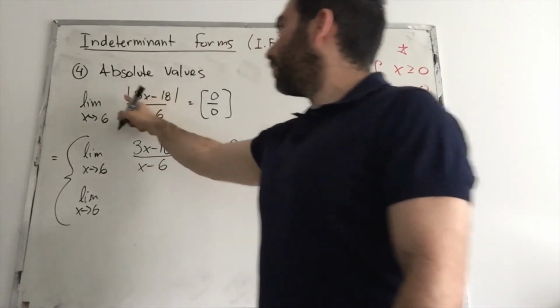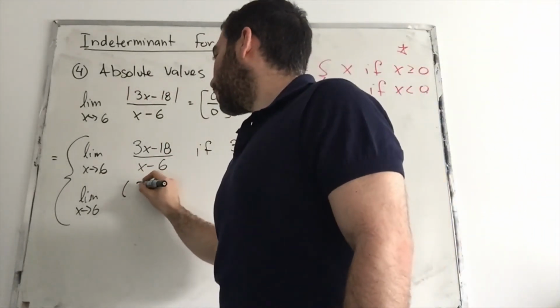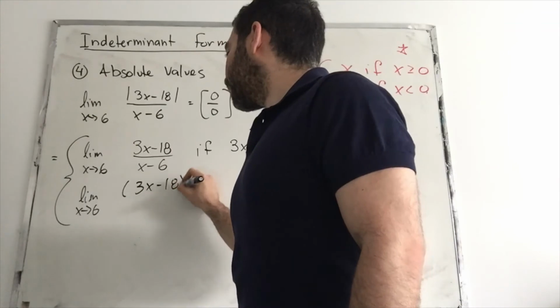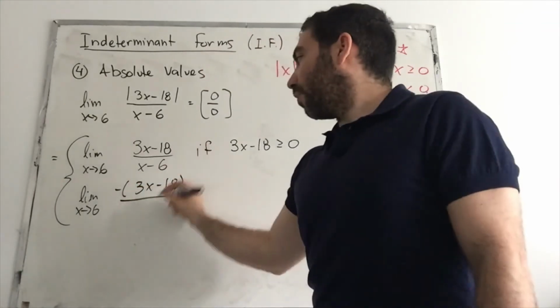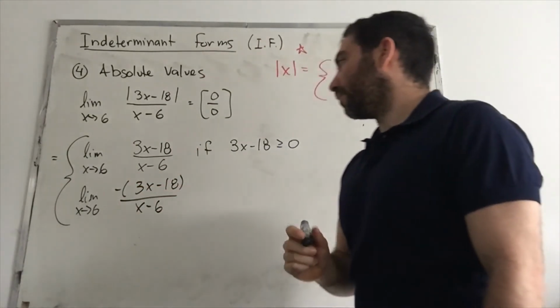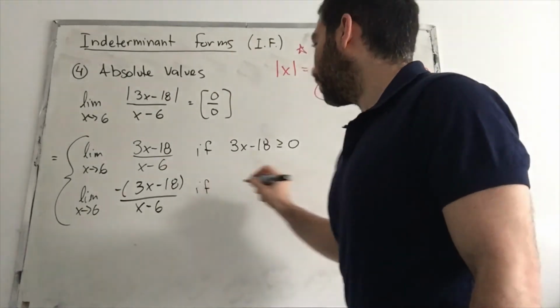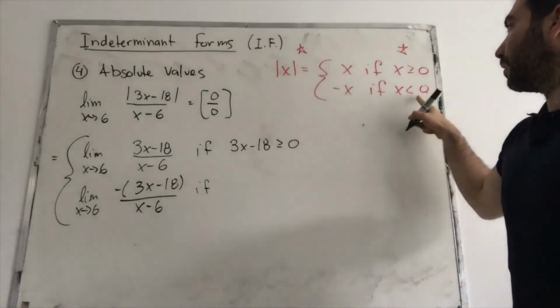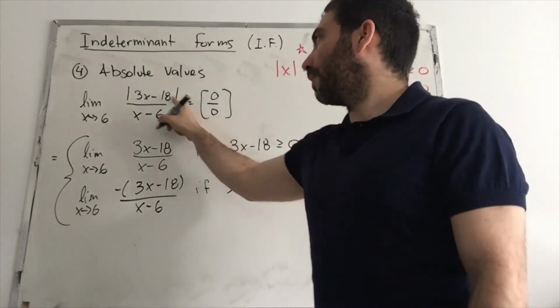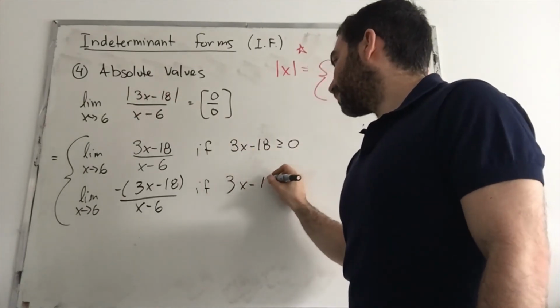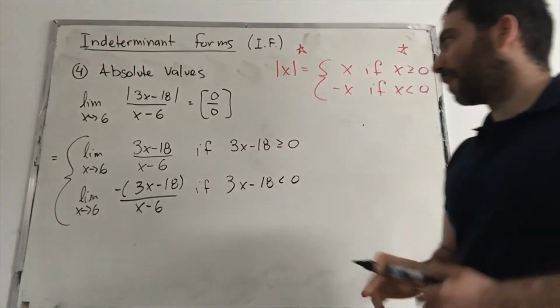And we're going to remove the absolute values and we're going to put negatives in front. So 3x minus 18, put a negative in front over the x minus 6. And we're going to use it if whatever is in absolute value is less than 0. So what's in the absolute value? The 3x minus 18 is less than 0.